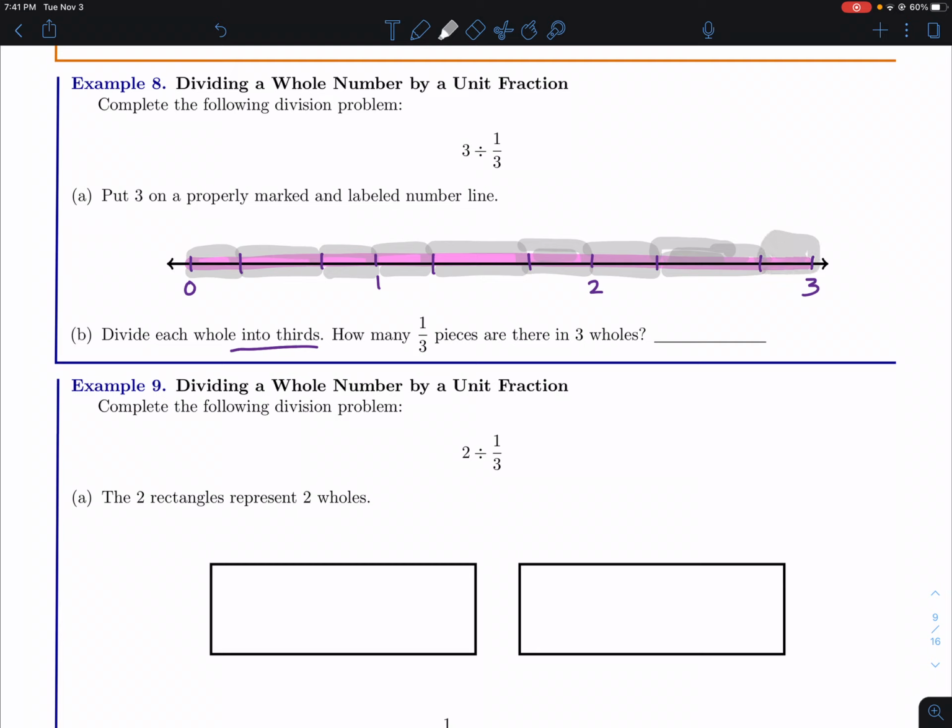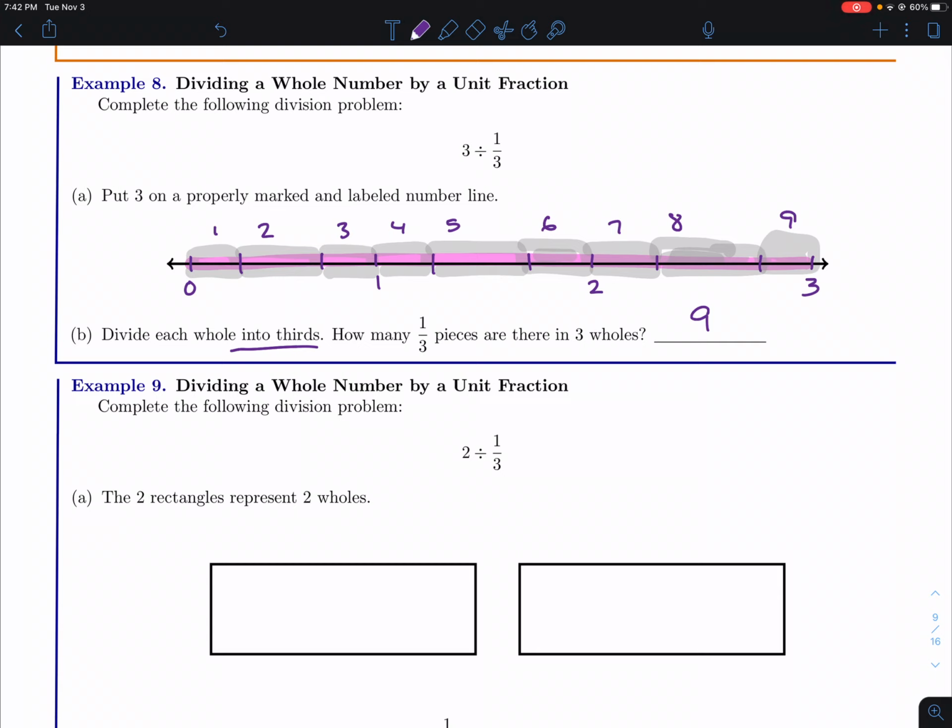These are terrible sized. Oh my goodness, they're horrible. So anyway, as you can see, I've got 9 1/3 chunks that I can actually fit inside of that guy. So in this case, how many 1/3 pieces are there in the 3 wholes? We've got 9 total going on there.